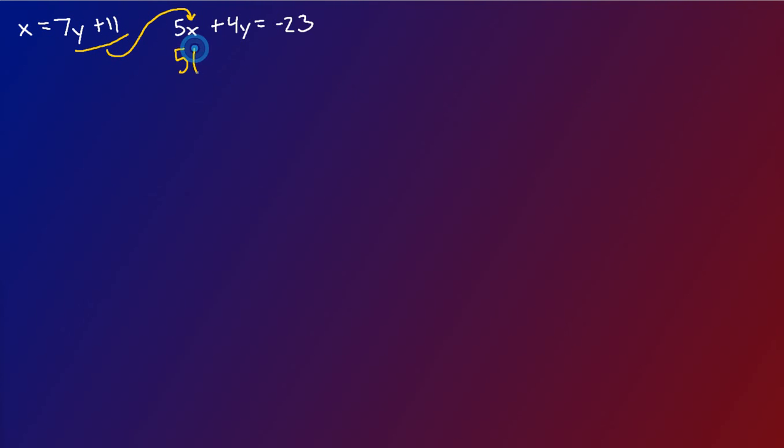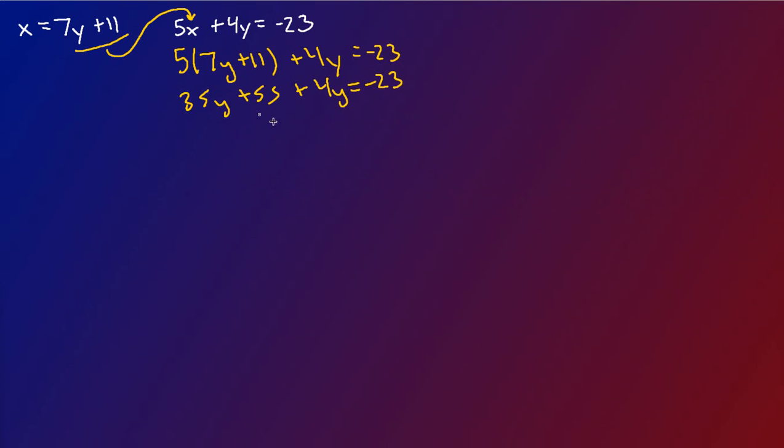So 5 times 7y plus 11 plus 7y equals negative 23. And I'll distribute that 5, so I get 35y plus 55 plus 4y equals negative 23. I'll subtract the 55. And I get negative 78, and I have 35 plus 4, so that is 39y.